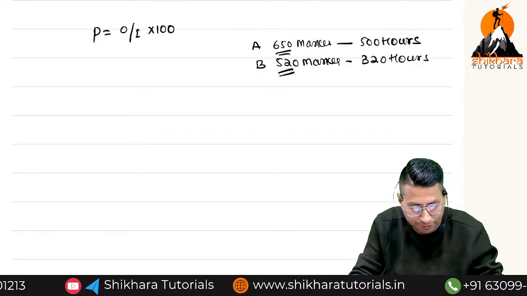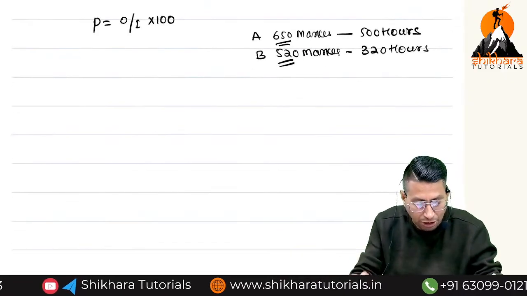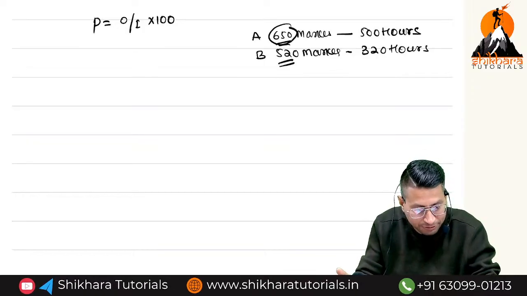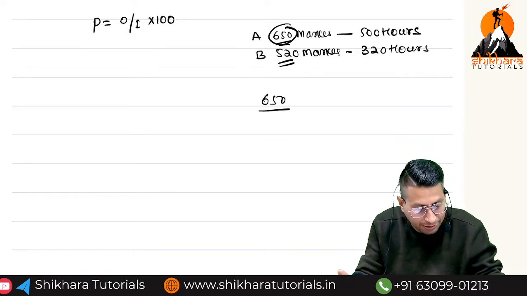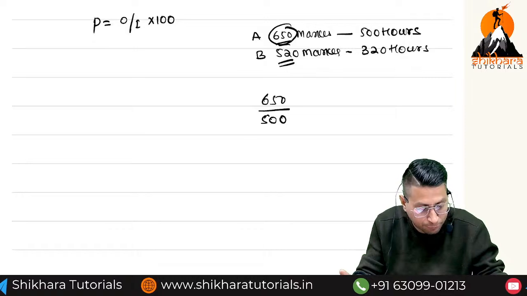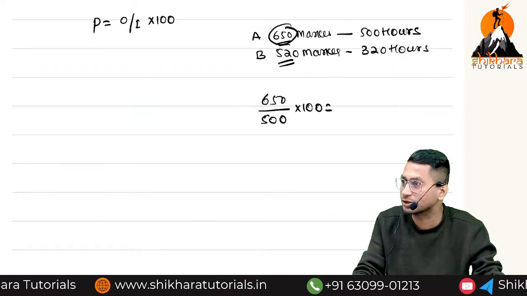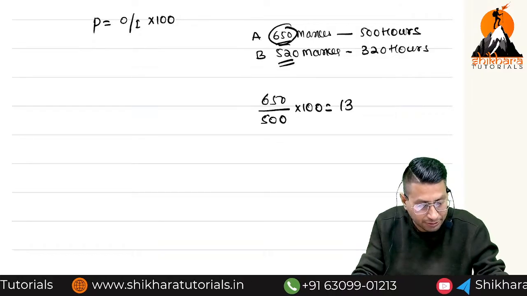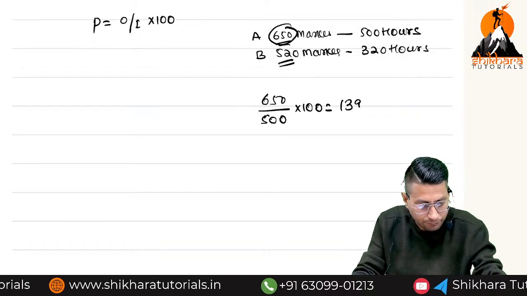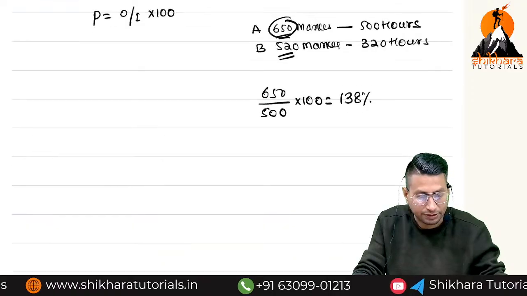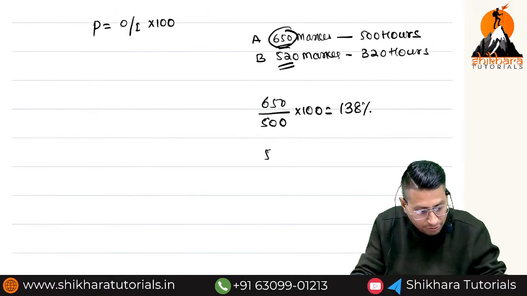Now see the example here. How much is the output this madam is getting? 650. And she has given how many units of input? 500 hours. So what is our productivity percentage? 138%. And here output is how much? 520 marks.